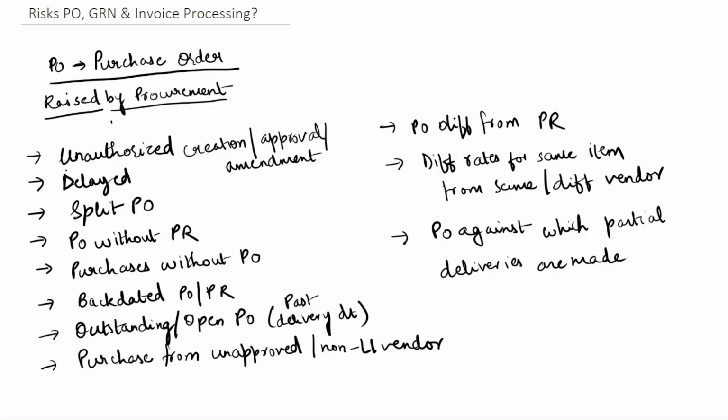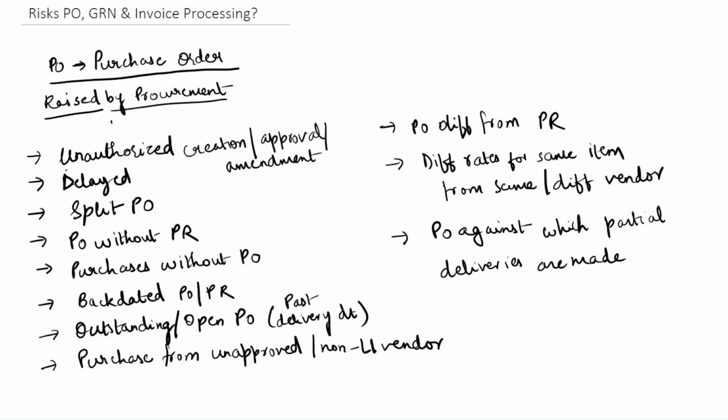Another thing you can check for is outstanding or open POs, wherein the due date or delivery date has already lapsed and the items have not yet been received. So you need to assess what is the management doing to close such POs.